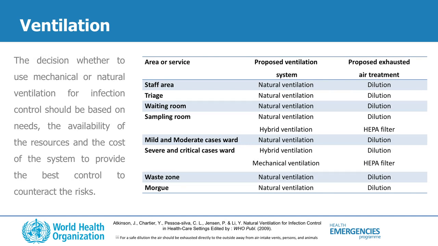The decision whether to use mechanical or natural ventilation for infection control should be based on needs and availability of the resources and the cost of the system to provide the best control to counteract the risk. However, specific ventilation and exhausted air treatment systems are proposed for each one of the services or areas existing in the treatment center.